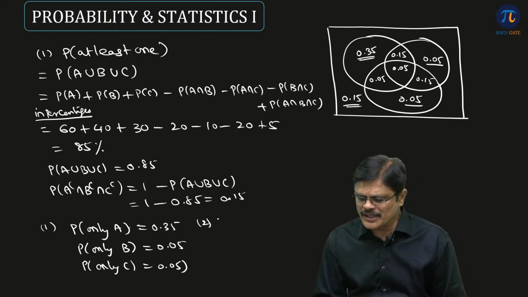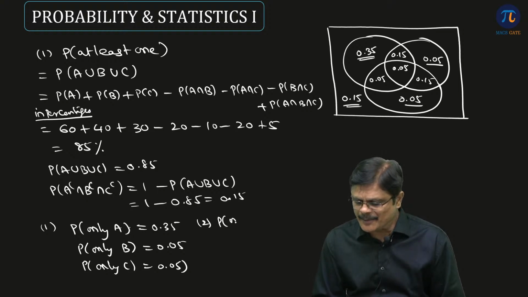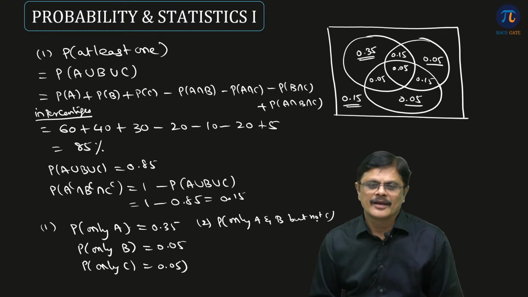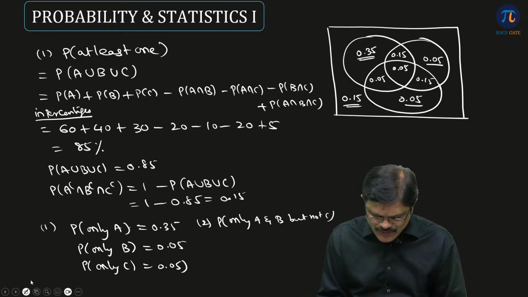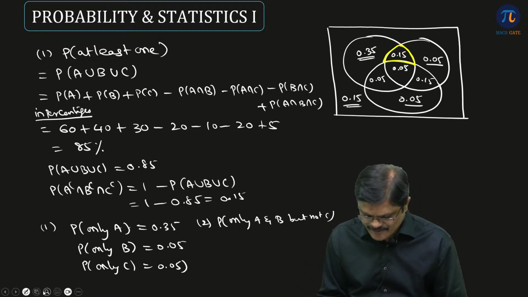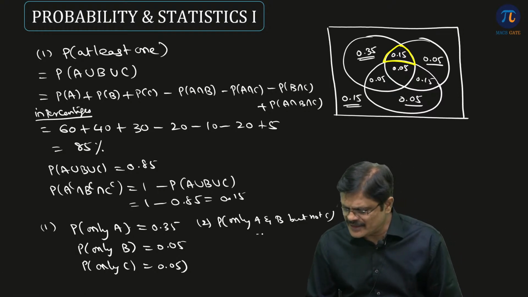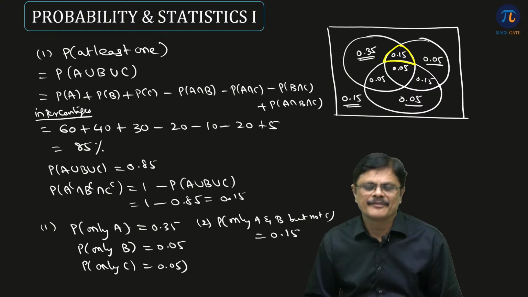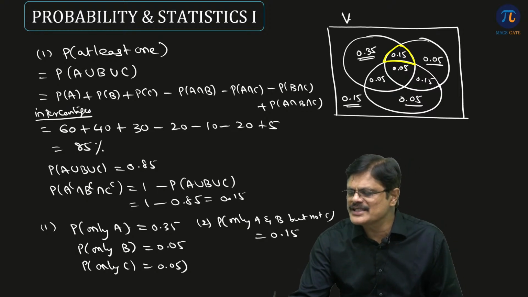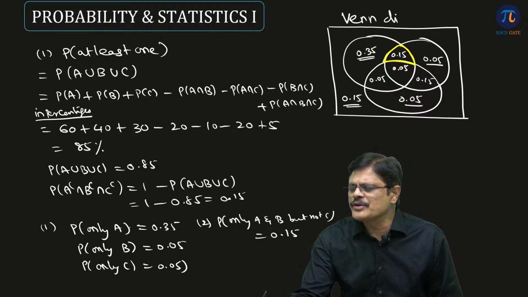Suppose they ask, what is the probability that subscribe to only A and B but not C? So A and B but not C means this portion, which is 0.15. So any question can be easily answered, my dear friend, once you fill this Venn diagram.